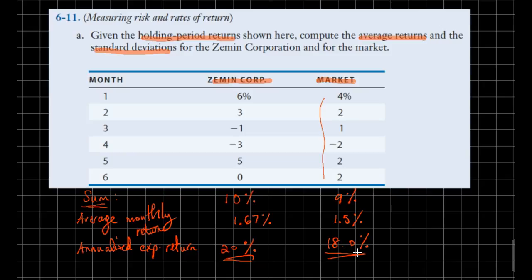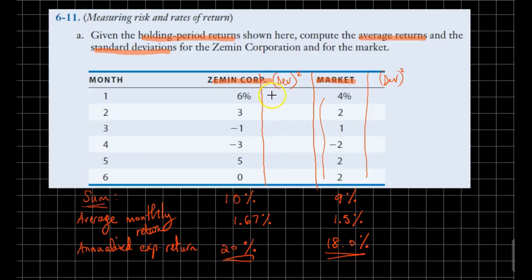Now in the second step, we need to come up with standard deviations for every single individual investment. Recall that for that purpose, we will look at the squared deviations. So let me create an additional column here. This would be the squared deviation for Zemin, the company, and this would be the squared deviation for the market.